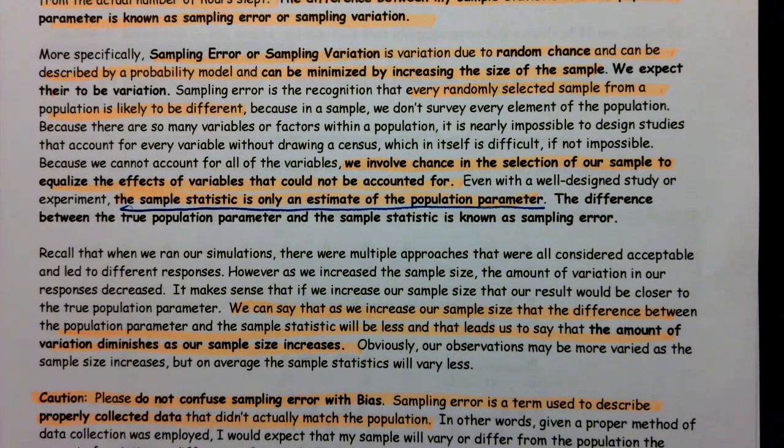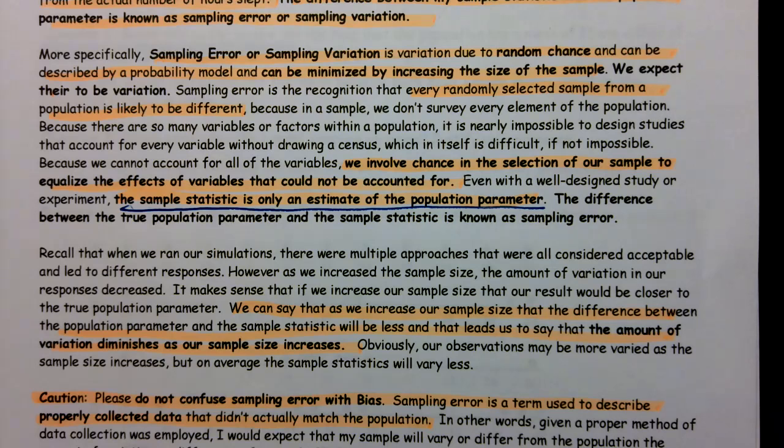We can say that as we increase our sample size, the difference between the population parameter and the sample statistic will be less, and that leads us to say that the amount of variation diminishes as our sample size increases.